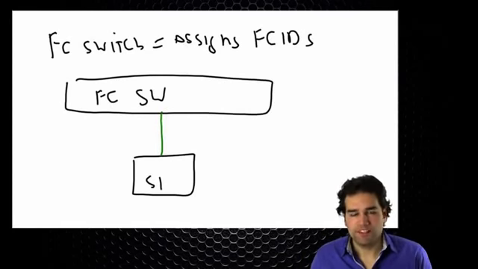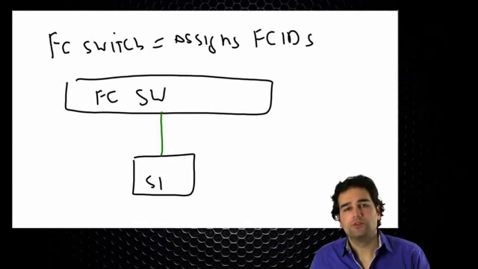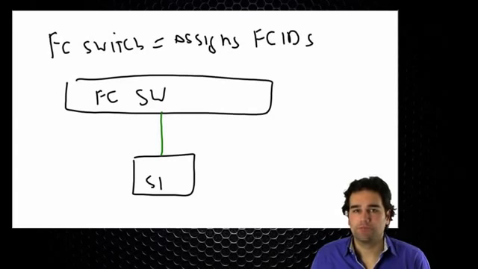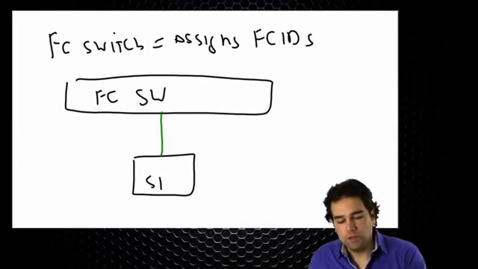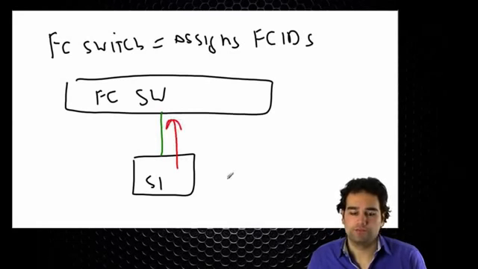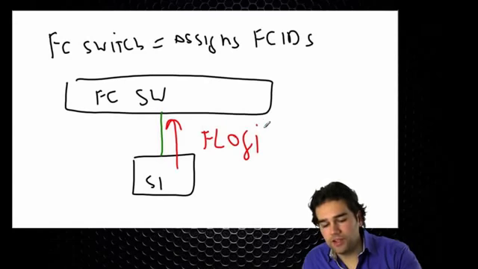As soon as the link comes up, the server will report itself to the network. It means it will log in to the network. This process is called fabric login or FLOGI.